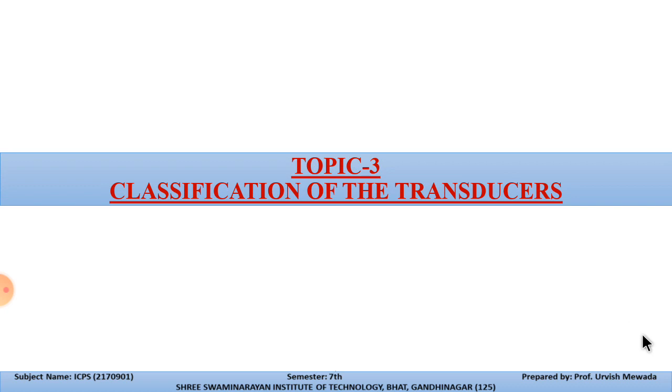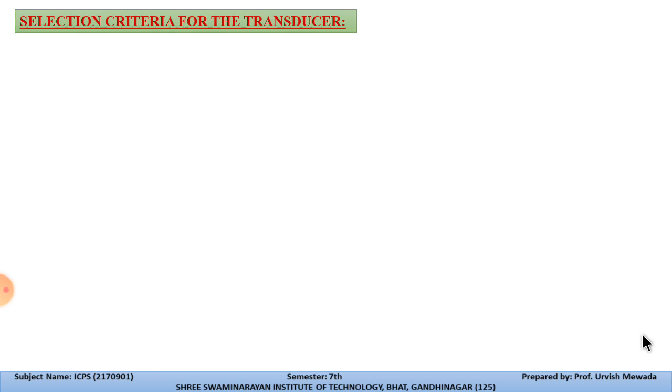Before we classify the transducers in detail, we should know the selection criteria for the transducer. This is the selection process. We need to check all the criteria which must be fulfilled while we select the transducer for measurement purposes.